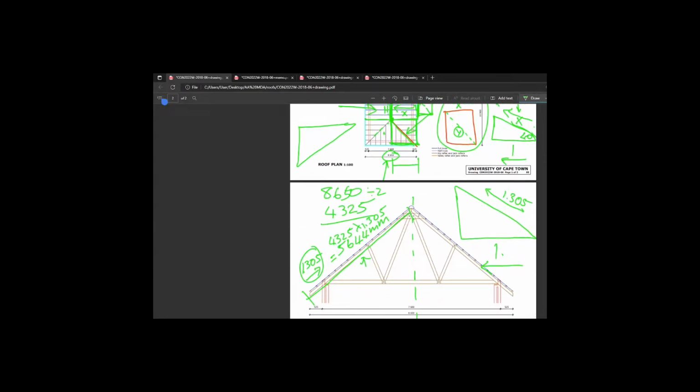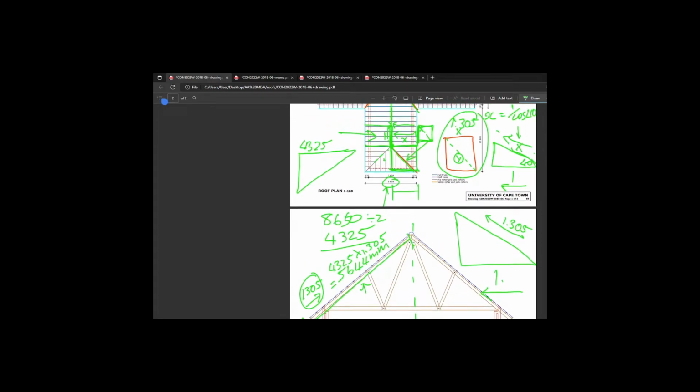Where are our numbers now? On slope, 4,325. And what's not given, but you can see intuitively, is if you've taken a perfect square, which we can, because this is at 45 degrees, this was 4,325, this is 4,325, so we've applied only one side of the square, right? It's 4,325.